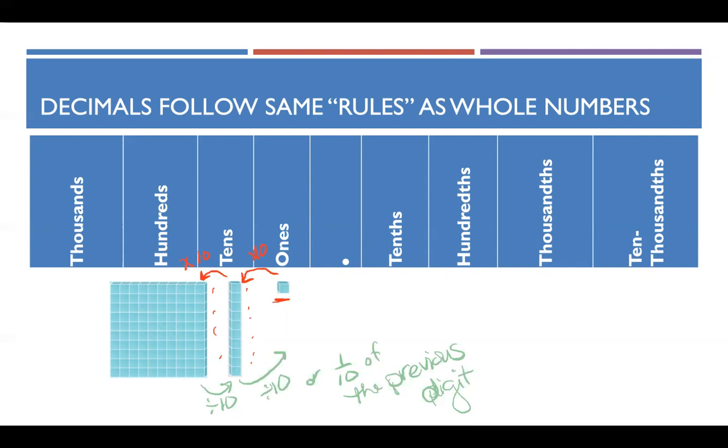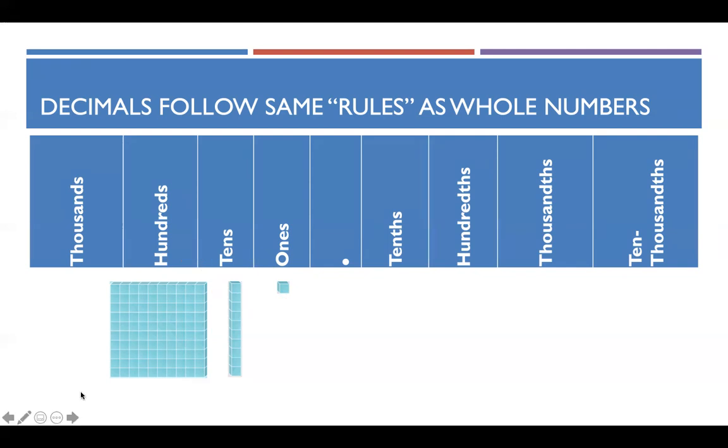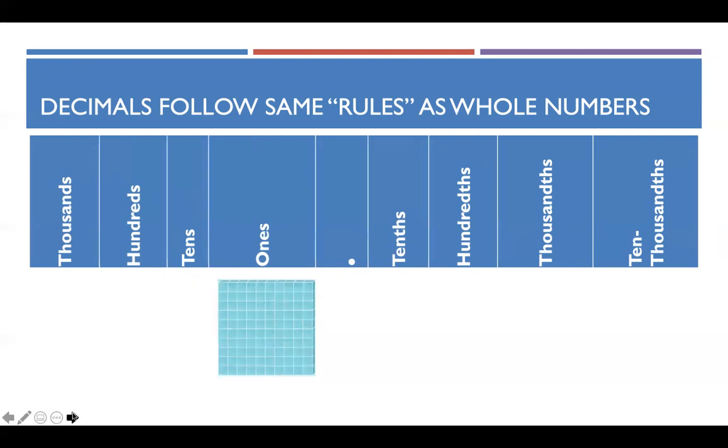So now what we can see, I'll clear this. Now, if we move the flat to be the ones, what would be 1/10 of a 1, right, to move to the tenths place.